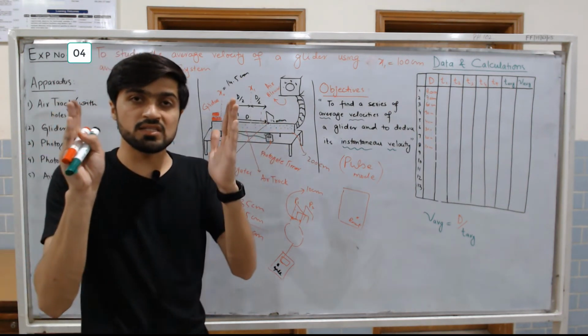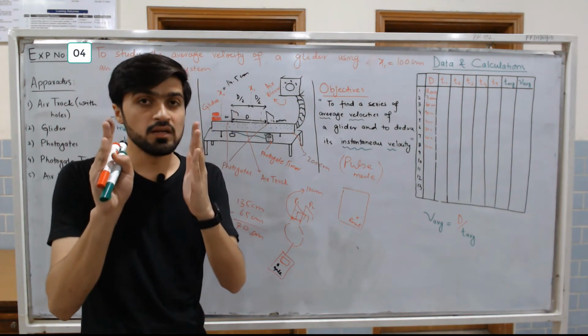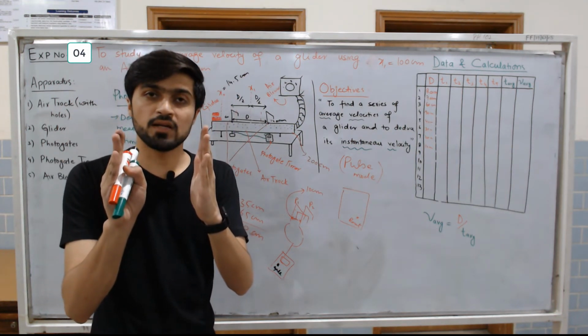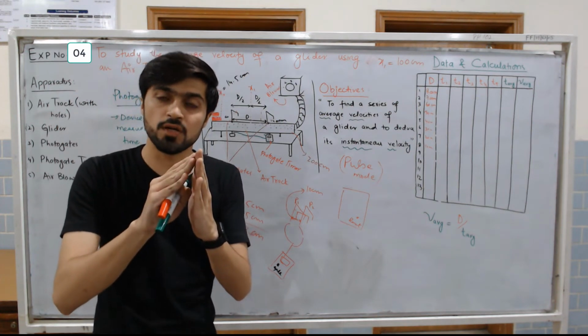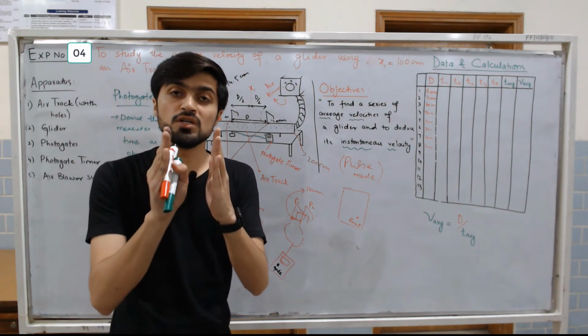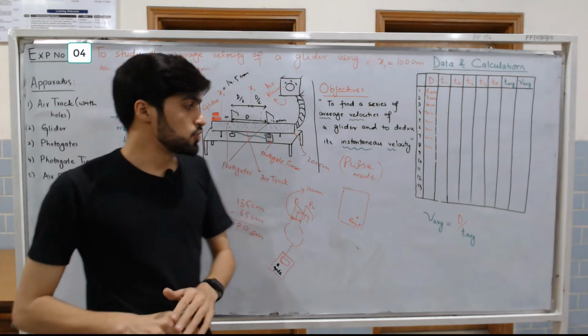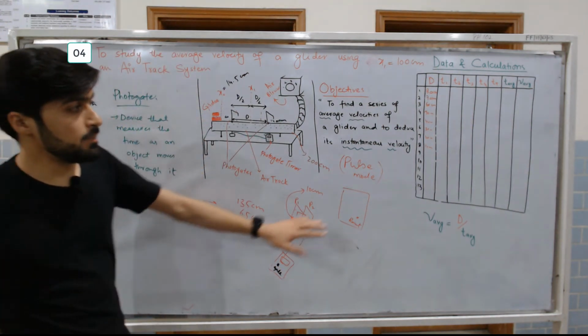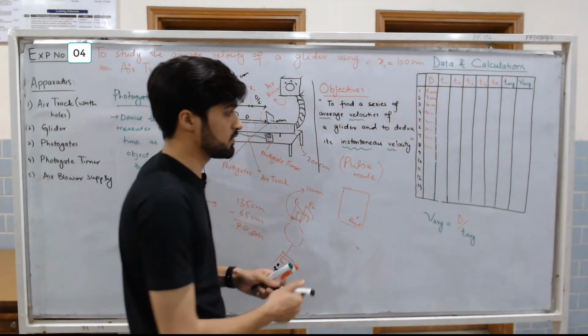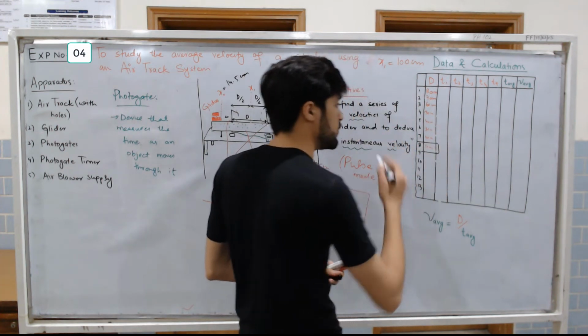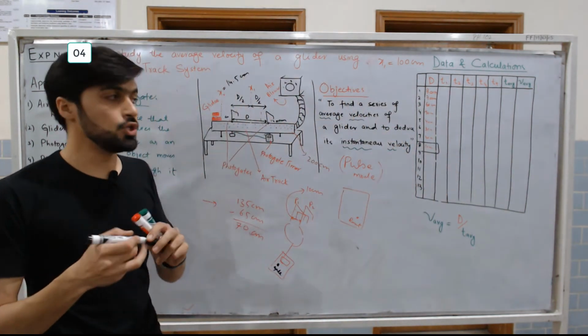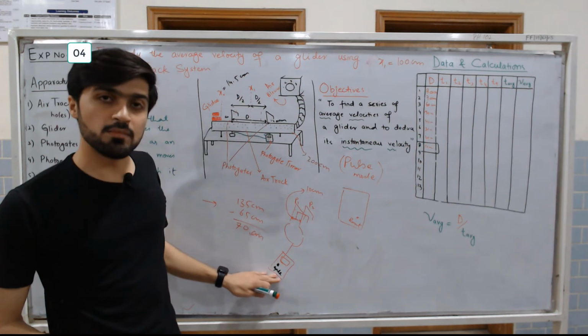Now if the distance is 70 centimeter, it will take less time for the glider to move from this photo gate to this photo gate. So the velocity will keep on increasing as the distance decreases. You have to repeat this experiment for each case, but for the last case, when the distance is very short and you cannot reduce it further, you will switch the photo gate timer to the gate mode.